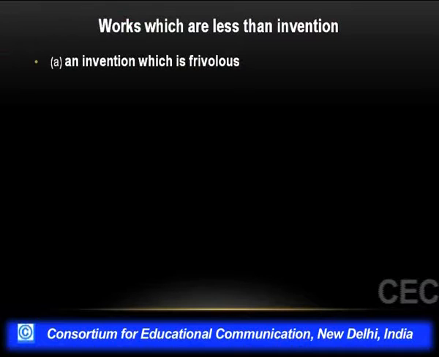If you see section 3, as I just mentioned, there are many clauses under section 3. The first category reads: works which are less than invention. First of all, section 3A can be brought under this category. 3A reads: an invention which is frivolous.